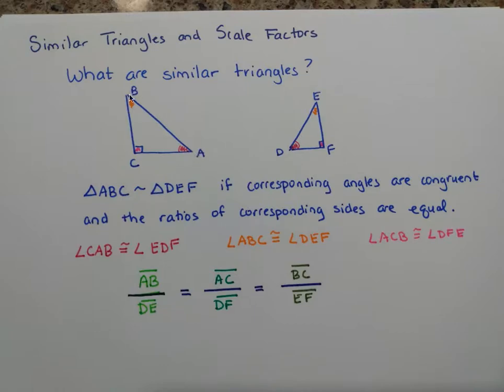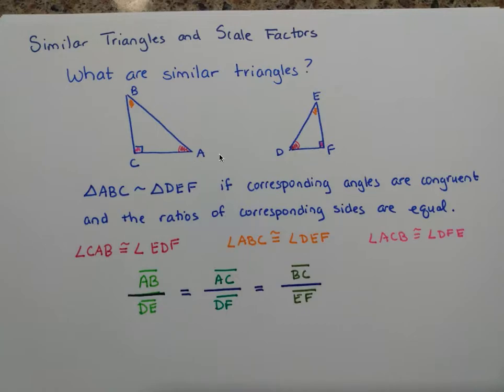The same with ABC and DEF, the little peak angles, and the same with ACB and DFE, the little right angles. If those angle pairs are all congruent, now I move on to my side lengths.